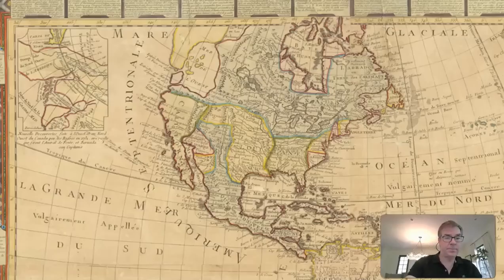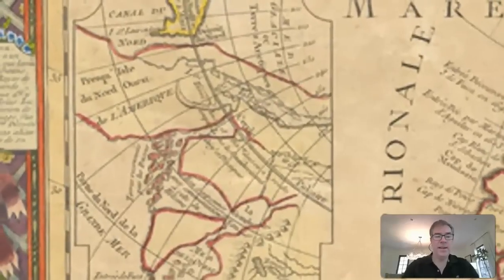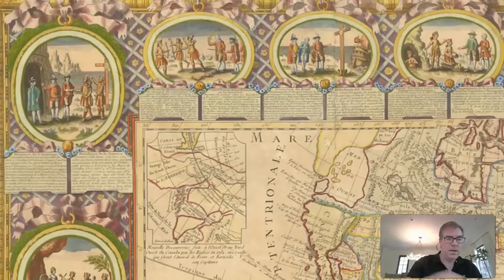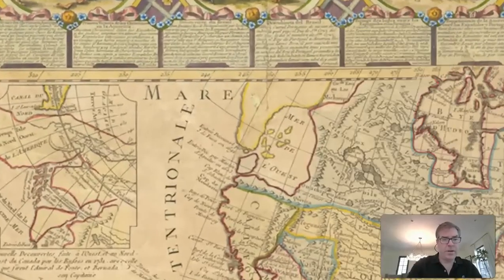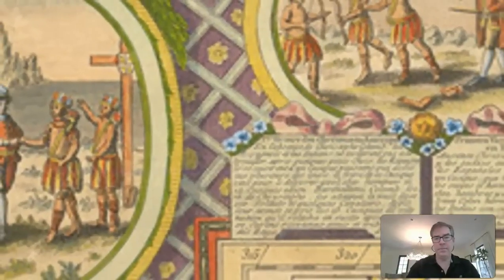And you can see here in this part of the map, the Presque Isle of North America. And you can see there's a small strait between it and part of what we now know as Russia. What's also interesting in this map, if you notice the pictorials, you can see what we would refer to as Native Americans, but they have a cross on their land.